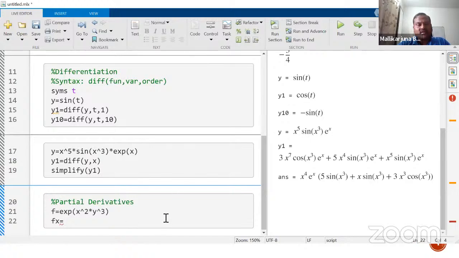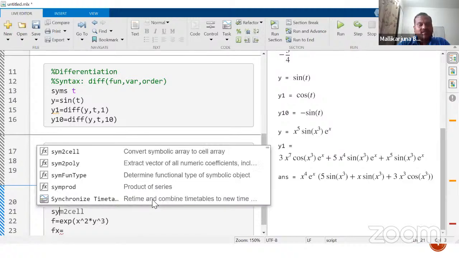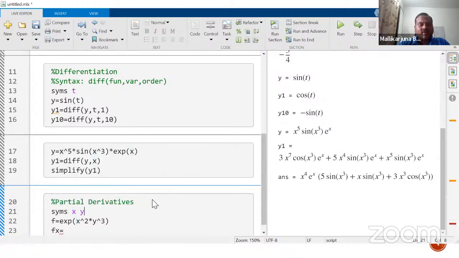Here y is not defined now, sir. Earlier x is already defined, but y is not defined here. That is right. Make a practice of defining first what the variables are at every cell, then type the function. That is good.